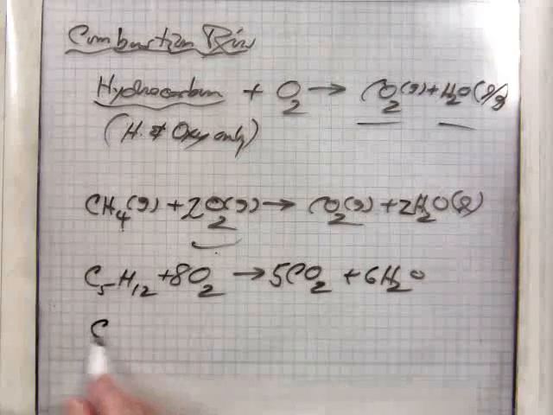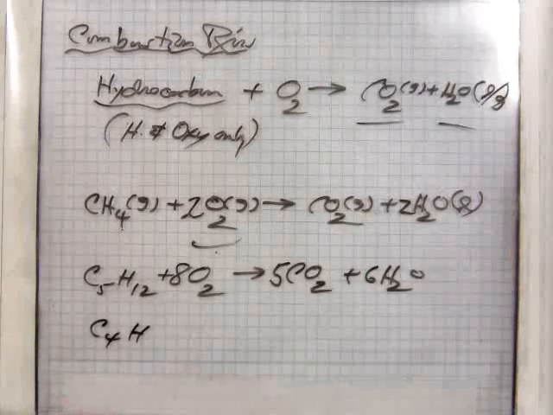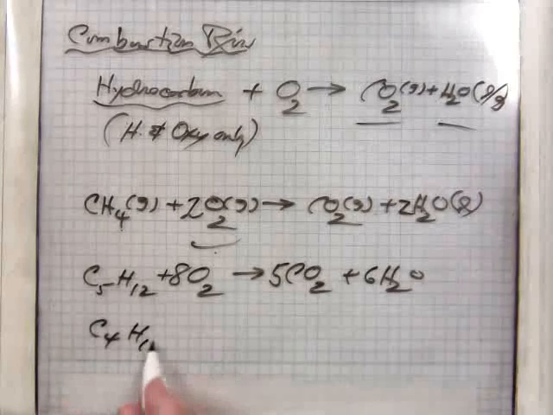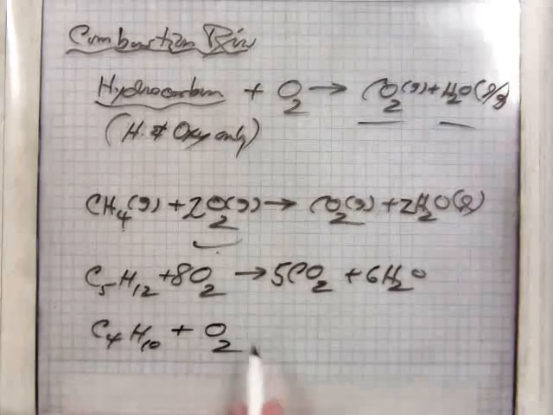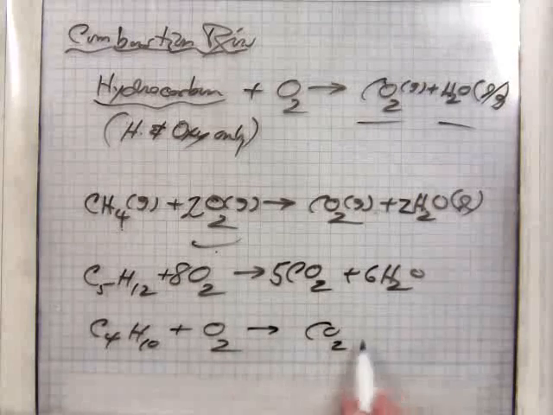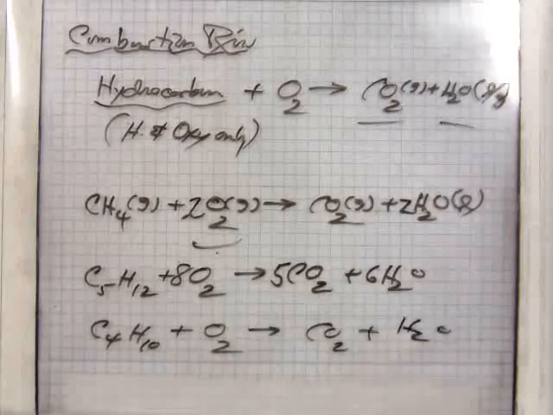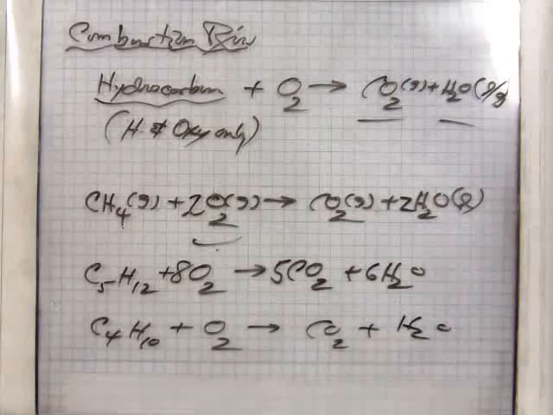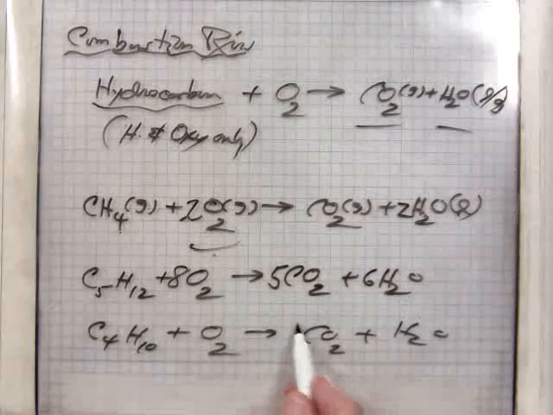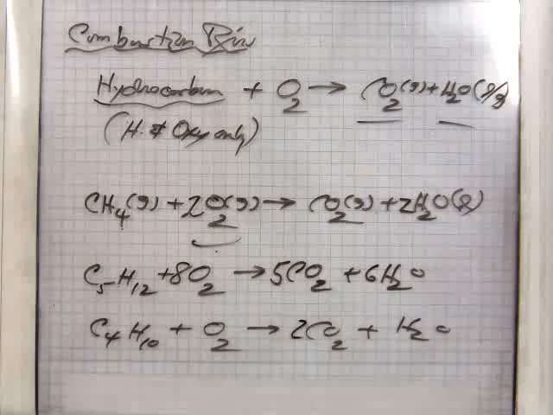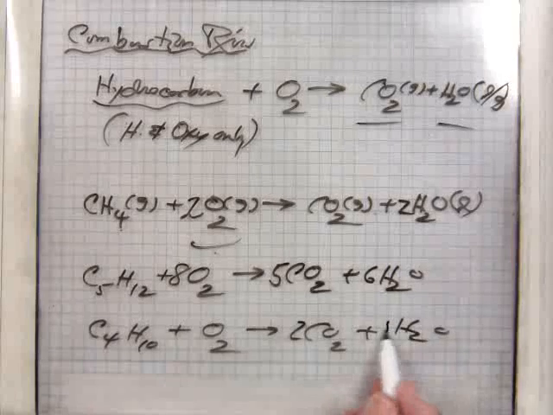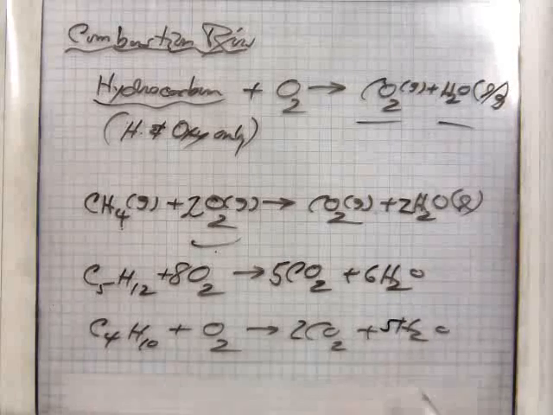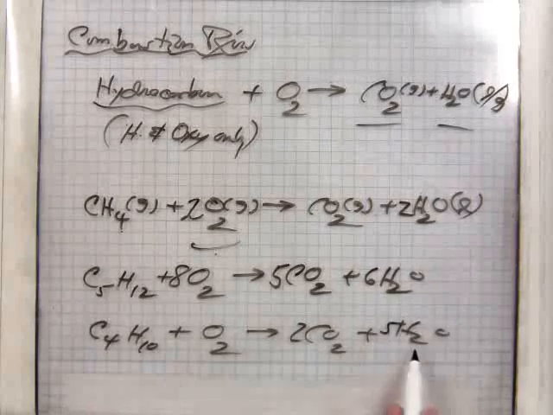How about C4H10, plus O2, gives CO2 and H2O. Save O2 to last in the balance. And I'm going to do hydrogen. I need a 5, 2 times 5 is 10.